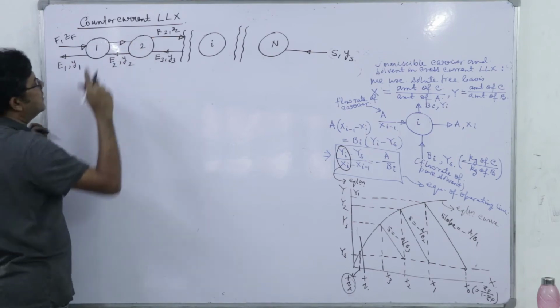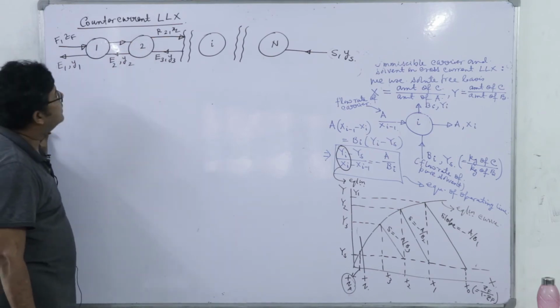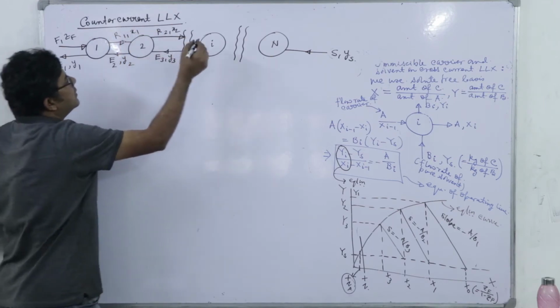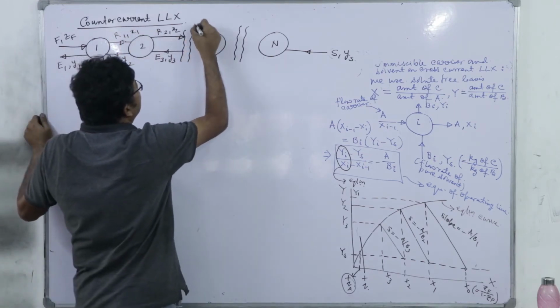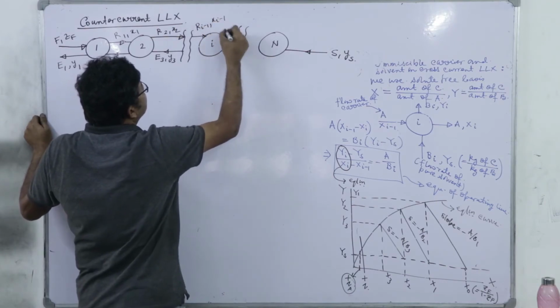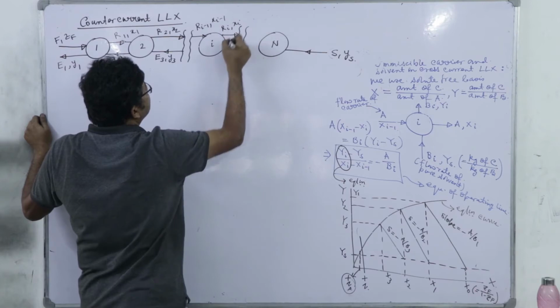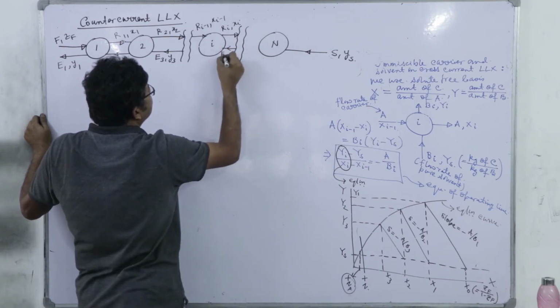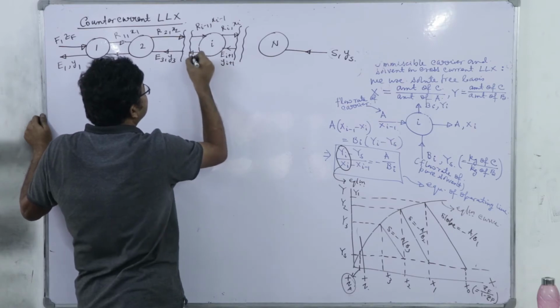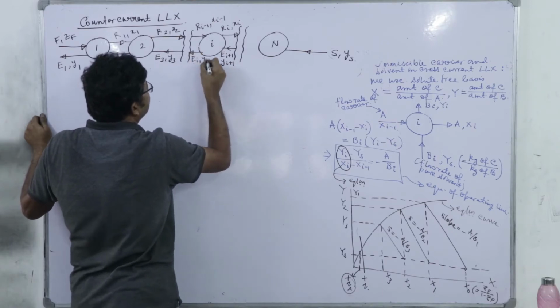Here the raffinate from the stage 1 is treated as a feed in stage 2, right. So, here we have raffinate Ri minus 1, Xi minus 1, raffinate Ri, Xi, here Ei plus 1, Yi plus 1, here Ei, Yi.